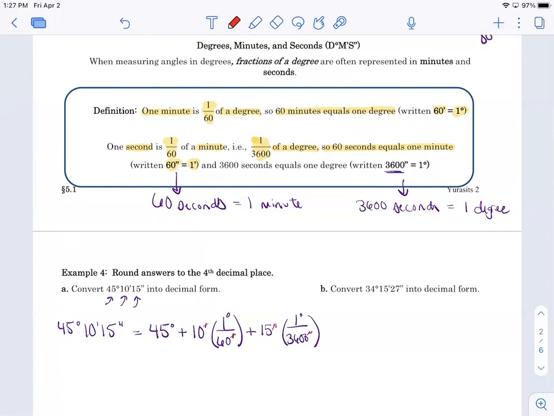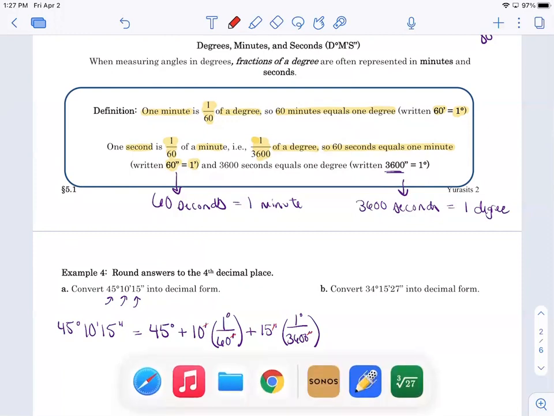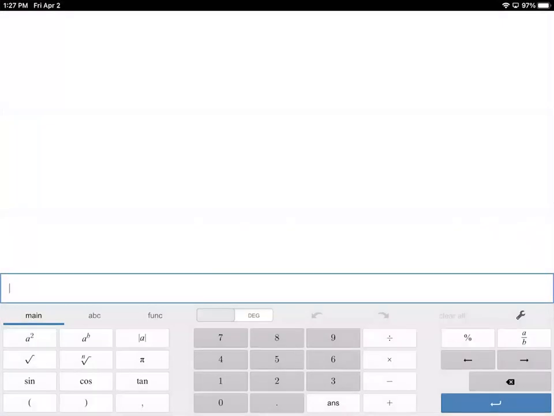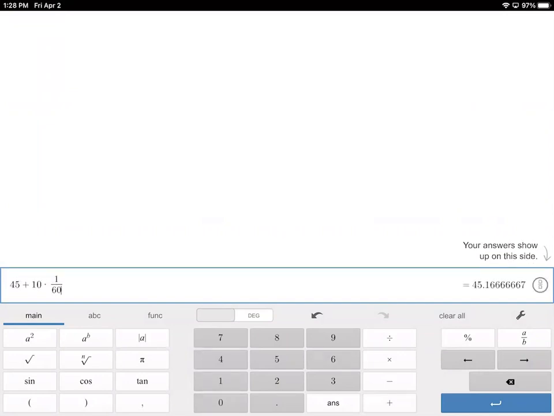Now, I really don't want to do this work on my own, so I'm going to rely on Desmos. I'm going to do 45 plus 10 times 1/60th plus 15 times 1/3600th. And there is my decimal.